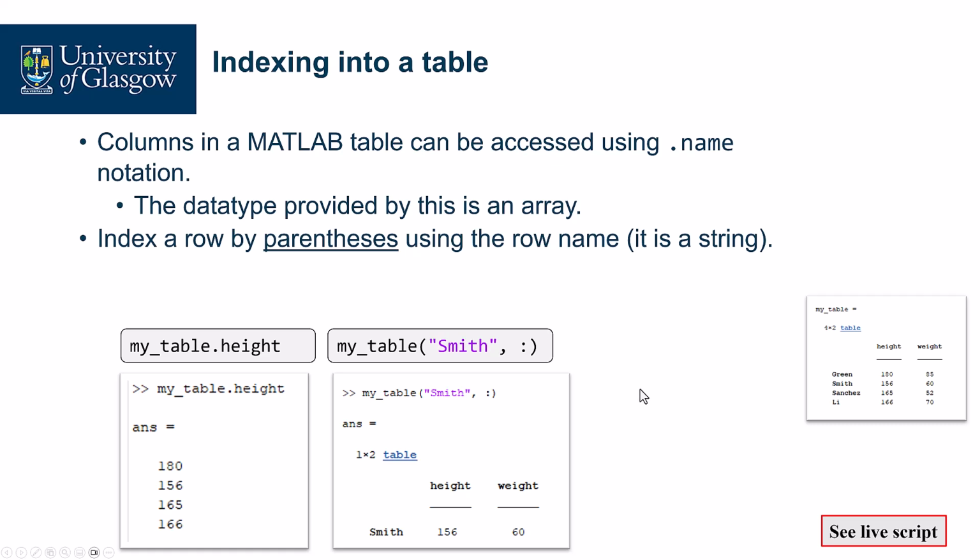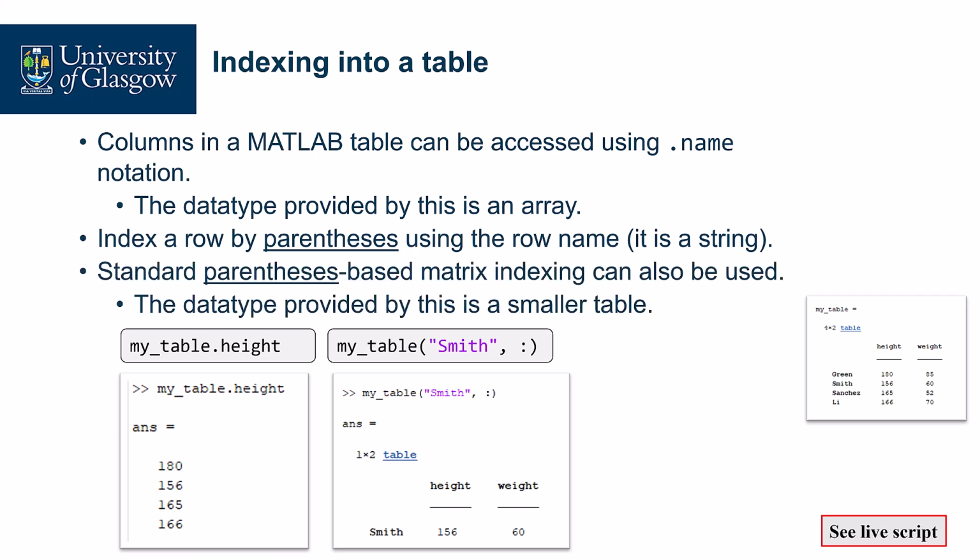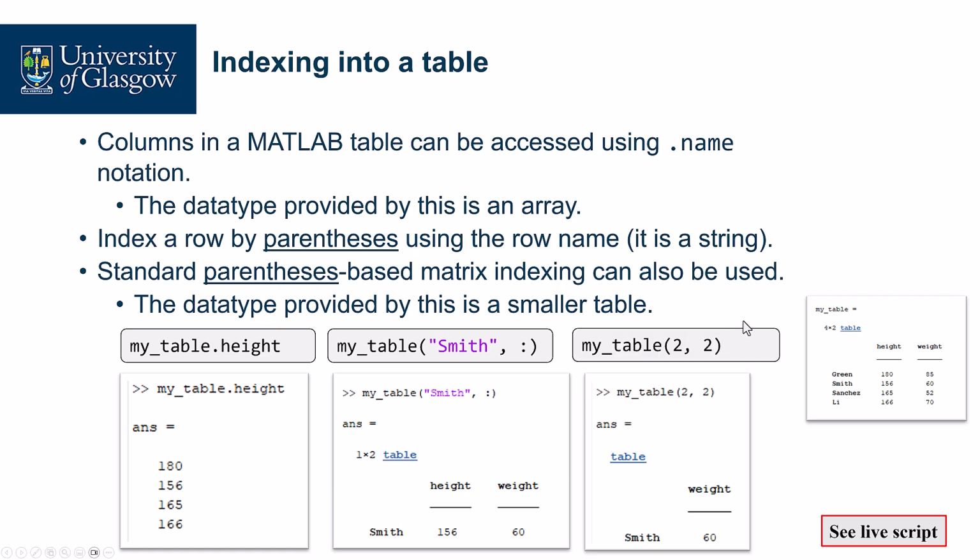Also, we can still use all the previously learned matrix indexing. We can use the standard parenthesis-based matrix indexing way. So we can say, I want to get the second row, second column of this table. Let's see in this table, what is the second row and second column? This one, 60. Then we can say my table 2, 2, which generates this one.